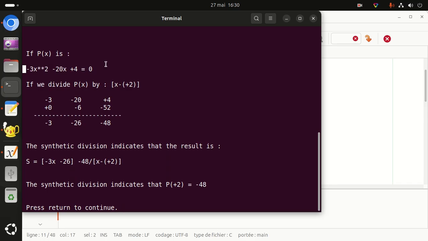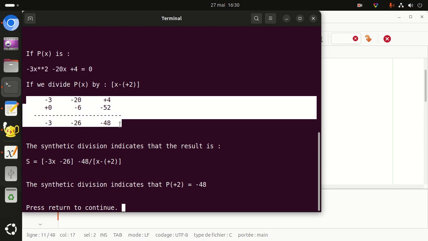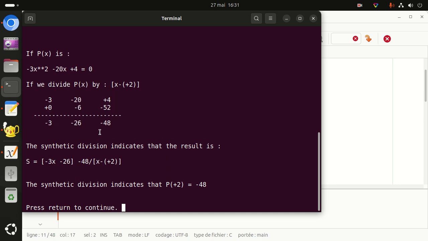It is the same polynomial. The first thing I must do is make the algorithm of the synthetic division.